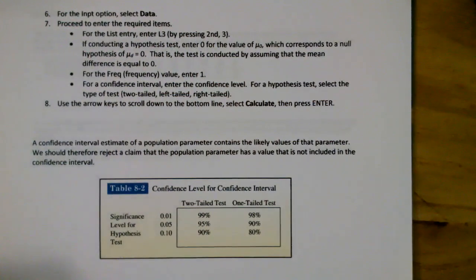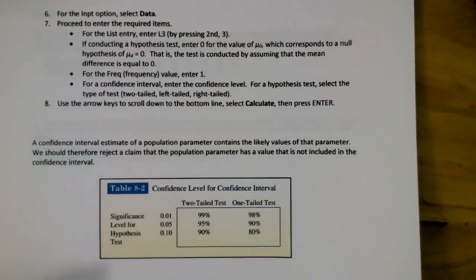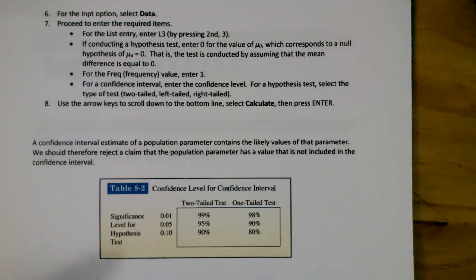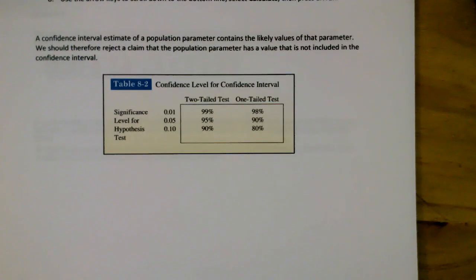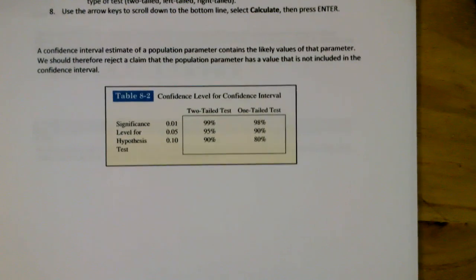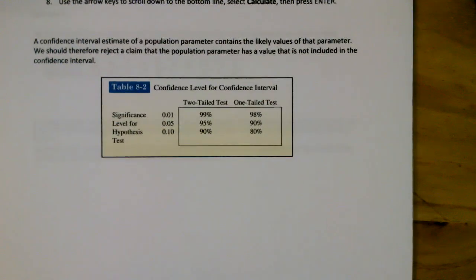All right, a confidence interval estimate of a population parameter contains the likely values of that parameter. We should therefore reject a claim that the population parameter has a value that is not included in the interval. So if the value of your population parameter is in that interval, you want to fail to reject the null hypothesis. And I'll go ahead and write this again, because this table gives you the idea of what confidence level you will have.